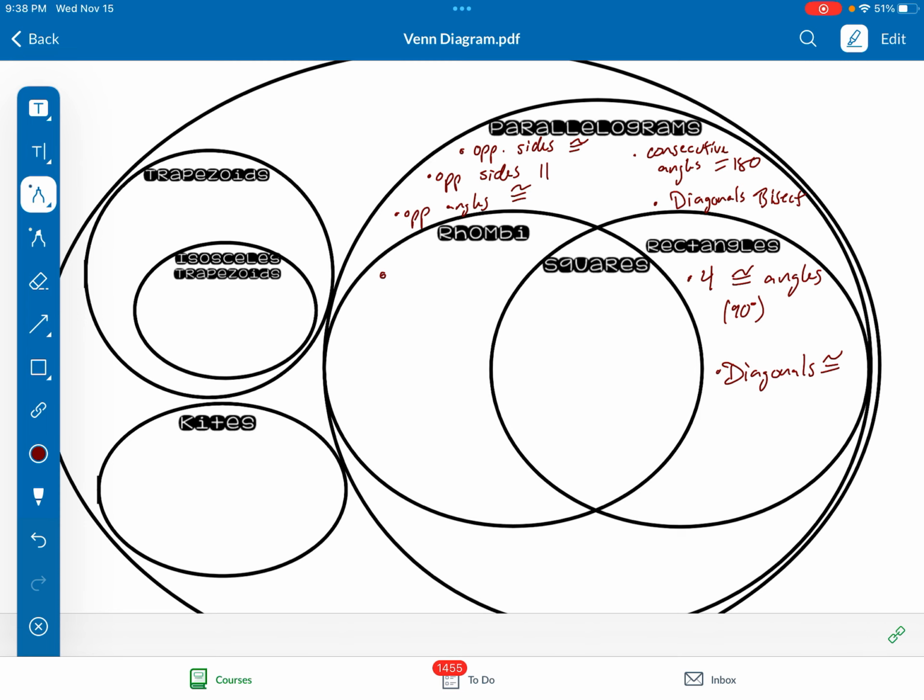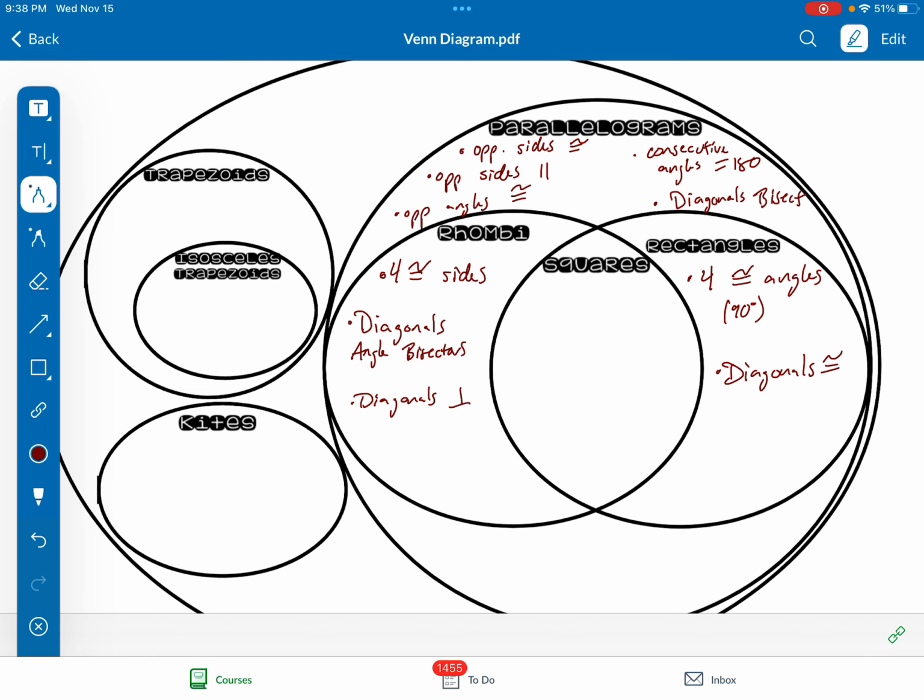Specific to a rhombus, 4 congruent sides, and then diagonals are angle bisectors, and diagonals are also perpendicular.